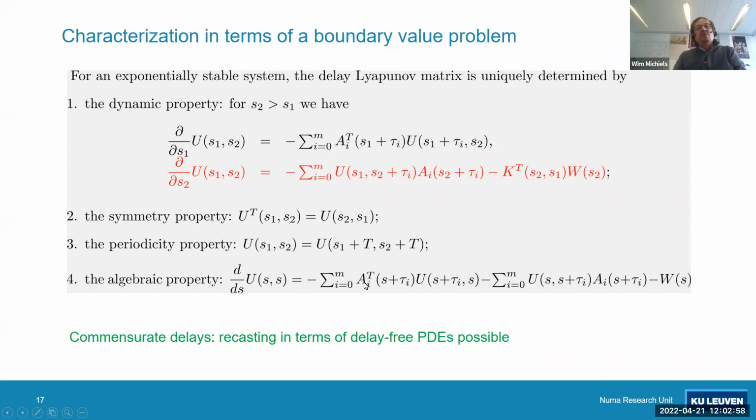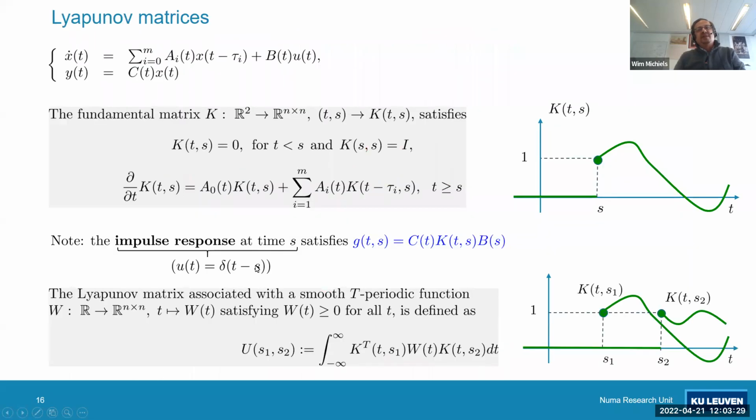And it's in that property where maybe you can already see a glimpse of a standard Lyapunov equation for a linear time invariant system. I put the second equation here in red because if you take into account all other equations, they uniquely define a solution for a stable system, and then this equation becomes redundant. But anyway, we define that quantity.